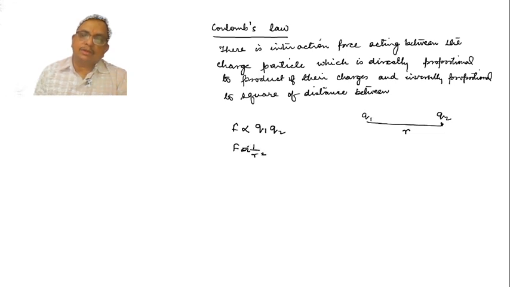Taking both, it becomes Q1 Q2 over R square. We introduce the constant term, and that is 1 over 4 pi epsilon 0 times Q1 Q2 over R square.